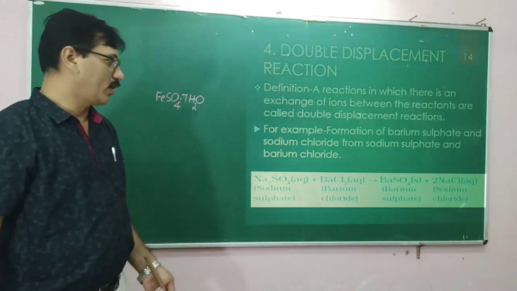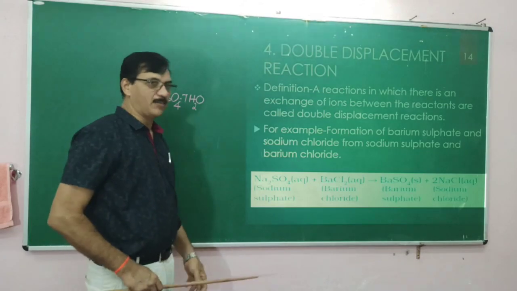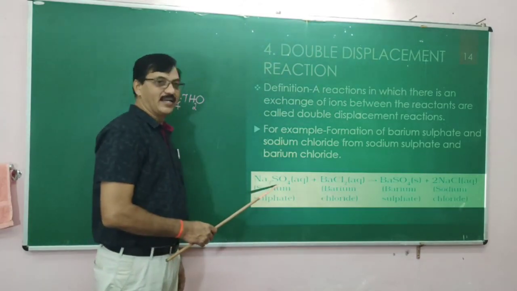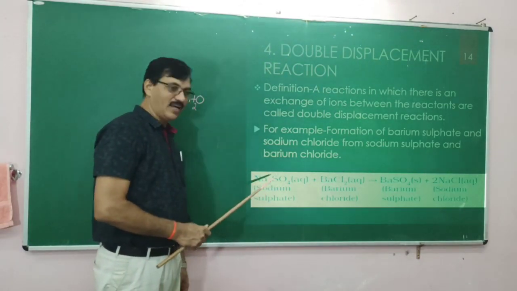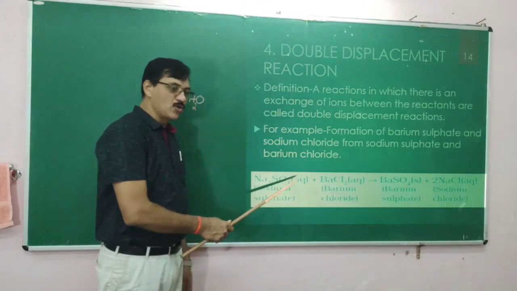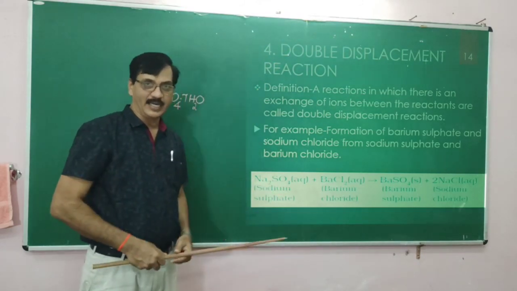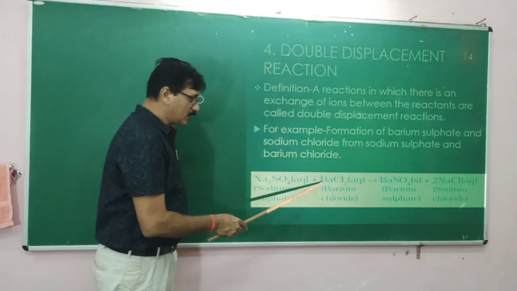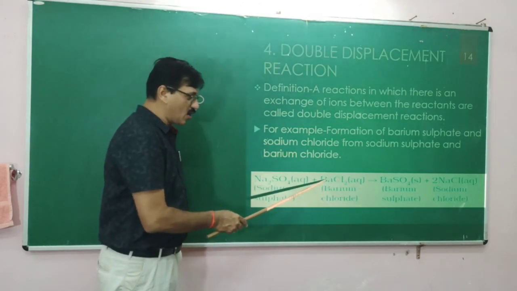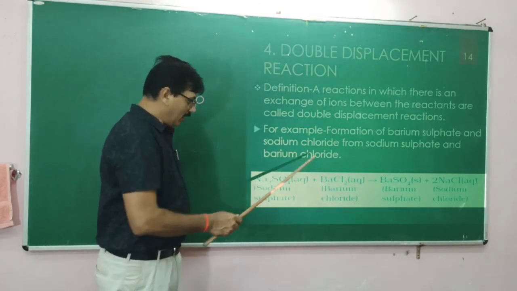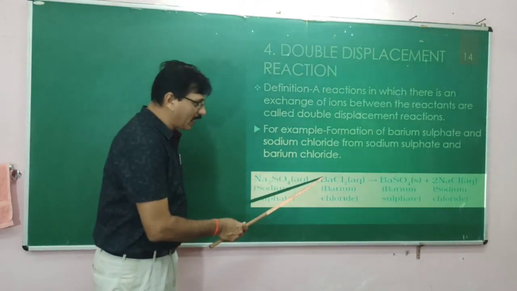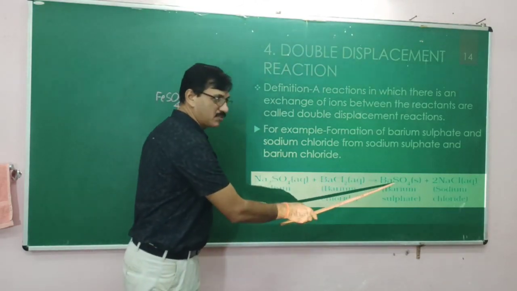Let us see what are the ions which are present. Sodium sulfate contains sodium ion and sulfate ion. In aqueous solutions, they get separated. And barium chloride contains barium ion and chloride ions. Now this sulfate ion will go with barium, so it forms barium sulfate.